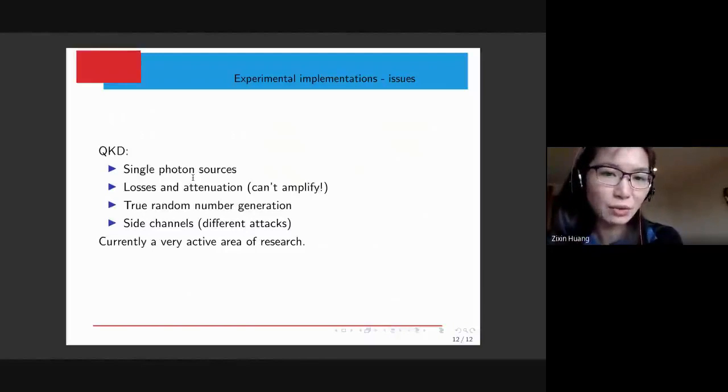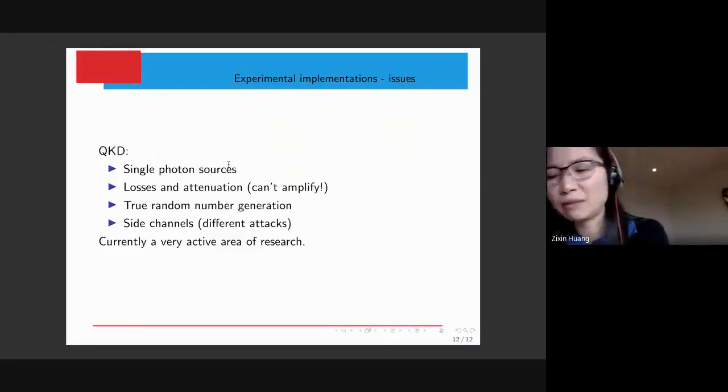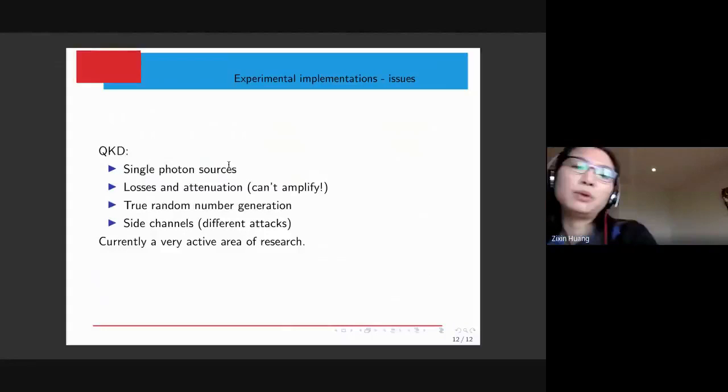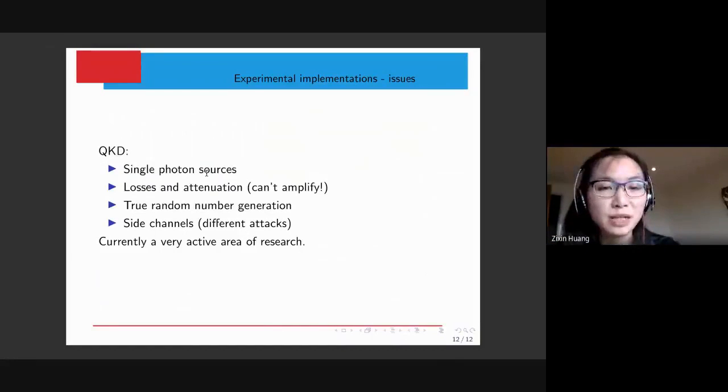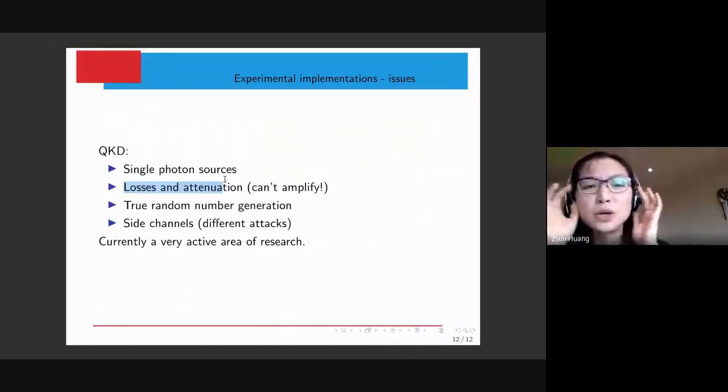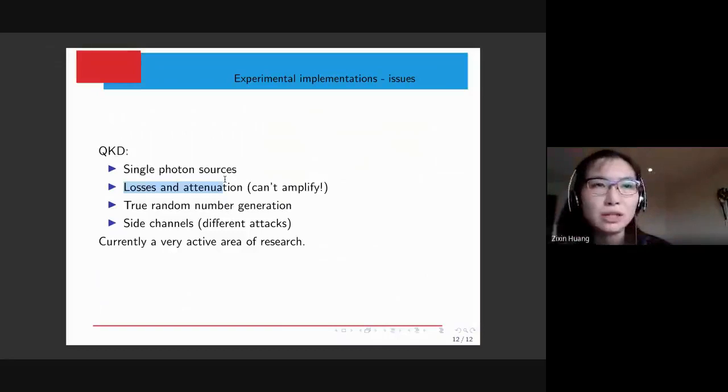But in reality, we don't really have single photon sources, and people have been thinking about using laser pulses. And of course, you might end up with more than one photon in your pulse. If you have more than one photon, then somebody can split it and measure it, and the protocol is not secure anymore. And you have losses and attenuation.